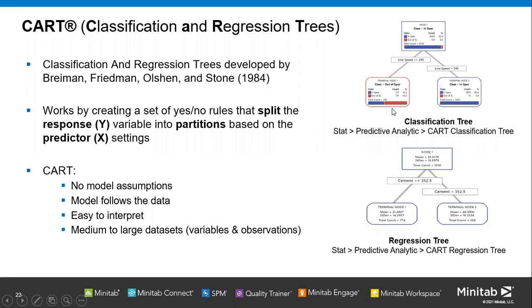But as we know, data has two types: continuous, and attribute, or text data, or numeric data. So CART can go for the numeric data set. CART is also available for the classification data set.